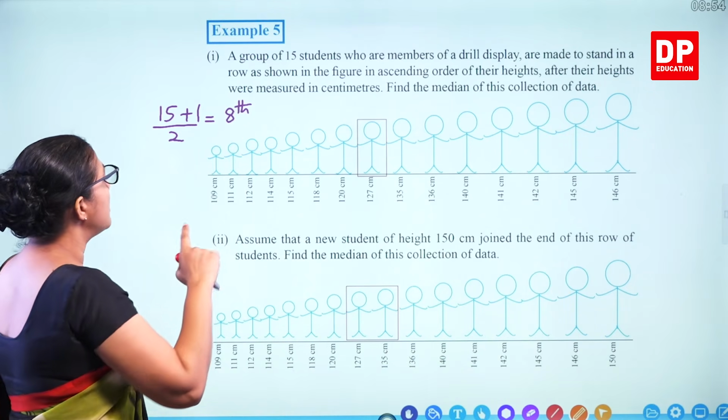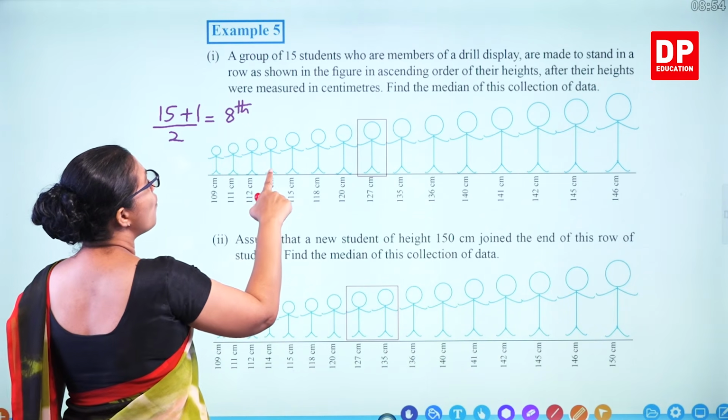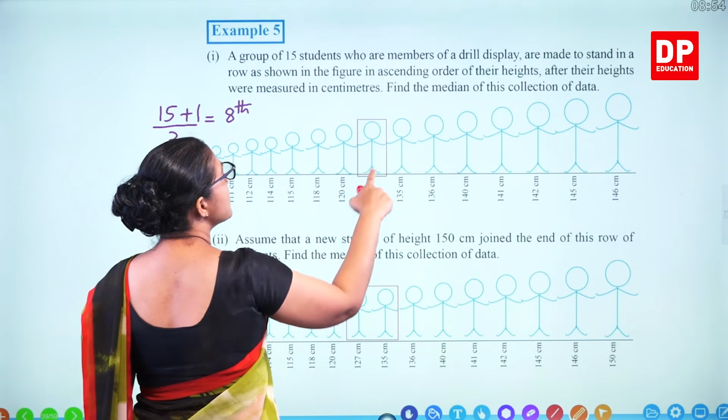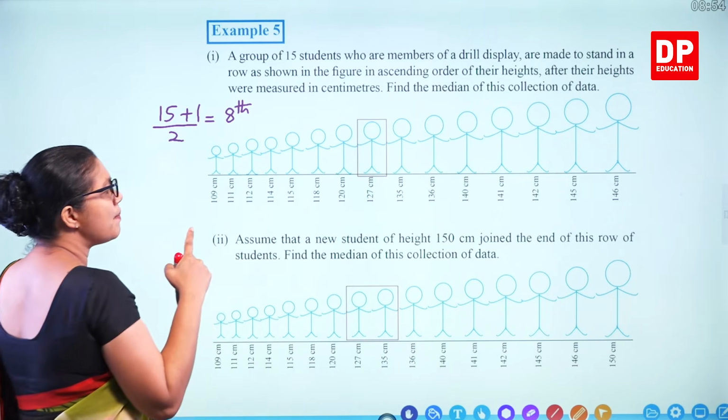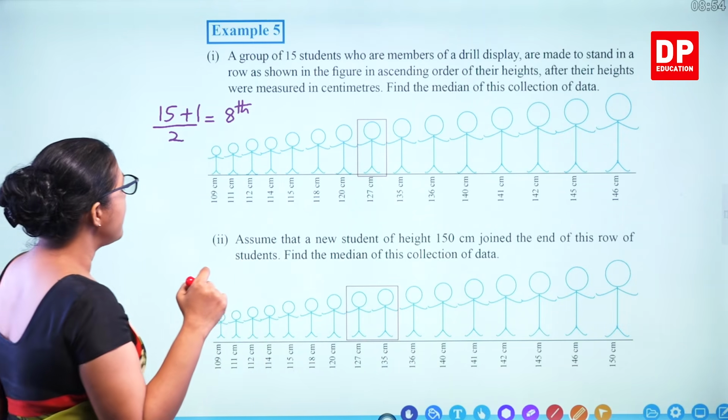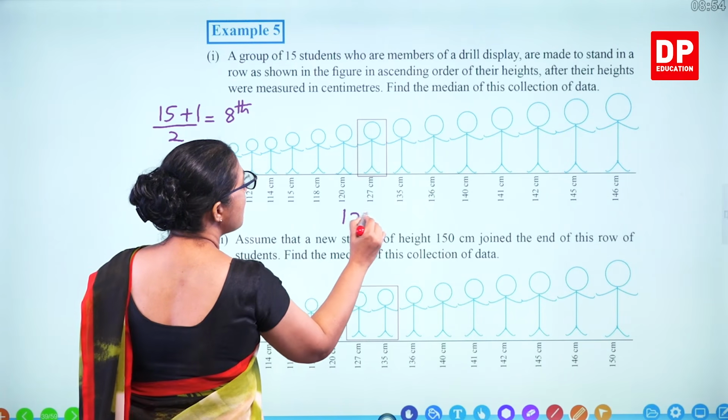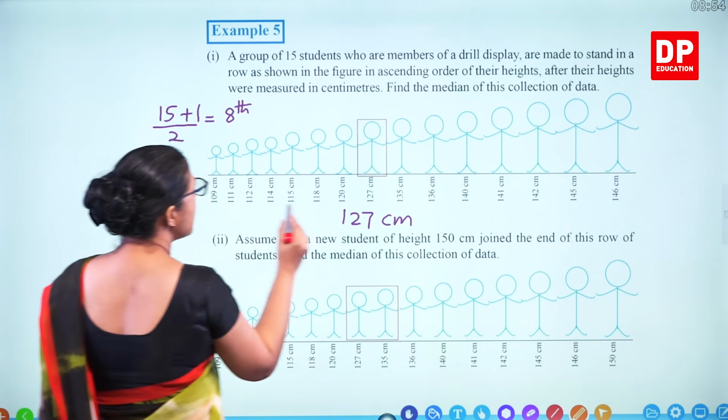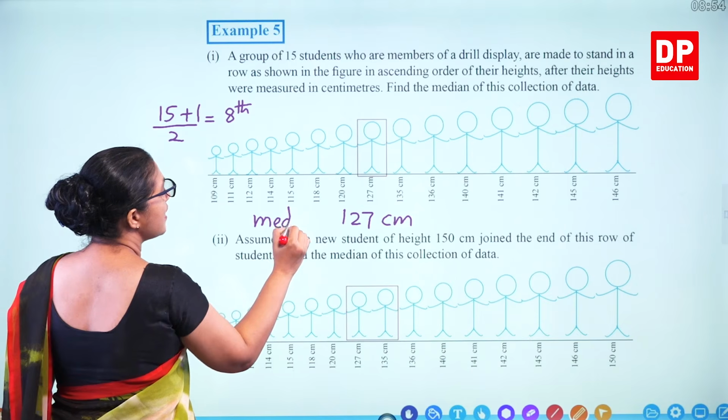The 8th number is the middle. 1, 2, 3, 4, 5, 6, 7, 8. So what's the median value? 127 centimeters is the median height.